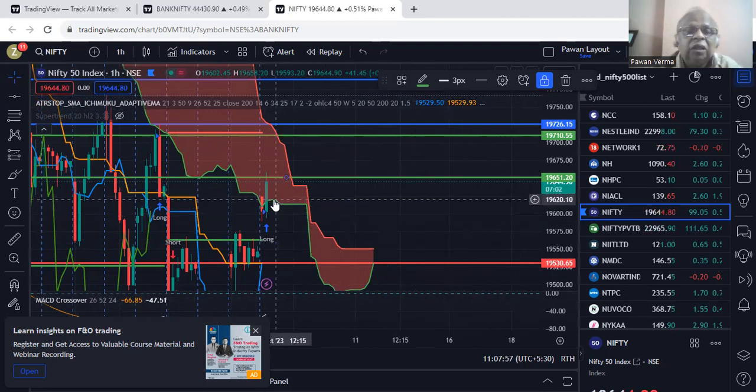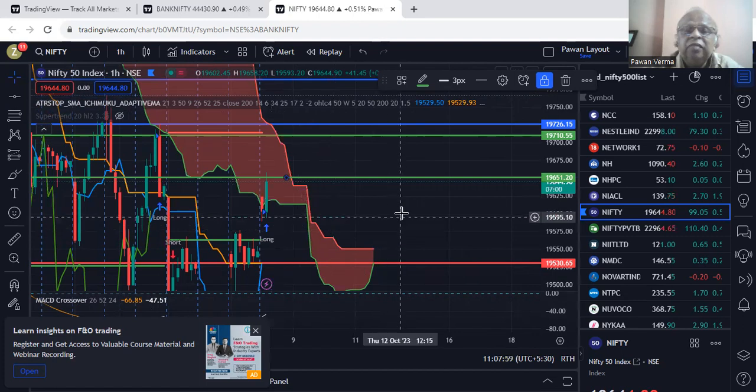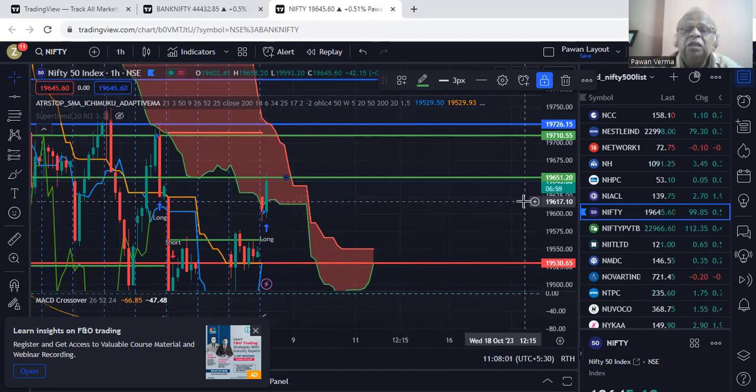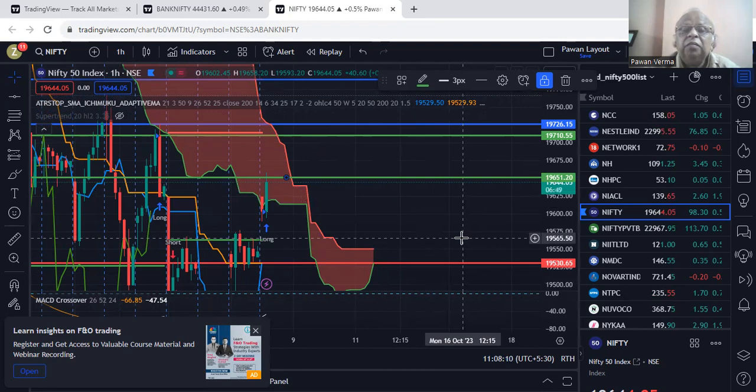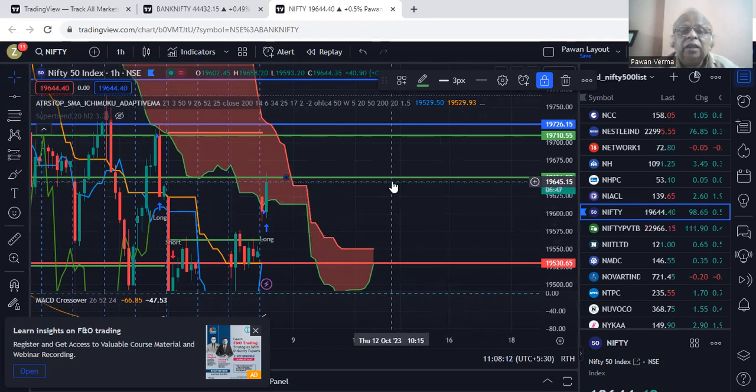But on the whole, within this range we can just enter into the Nifty when the Nifty trades above this level. Means current level is 19,645 or 650.